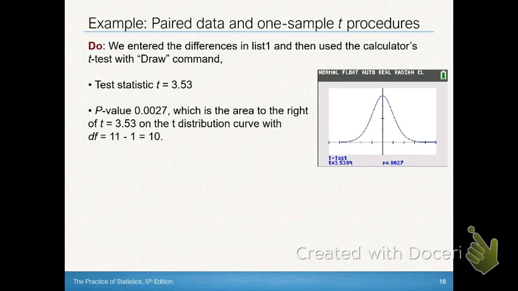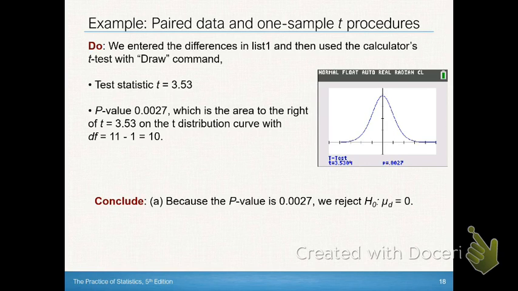Remember, your do step would be to write out the specific formula, the general formula, and then either plug in the numbers or use your calculator to get your test statistic, and then either use table B on your formula packet, or use tcdf, or use your one sample t-test in your calculator. Any of those things would work, and you're going to get your p-value.